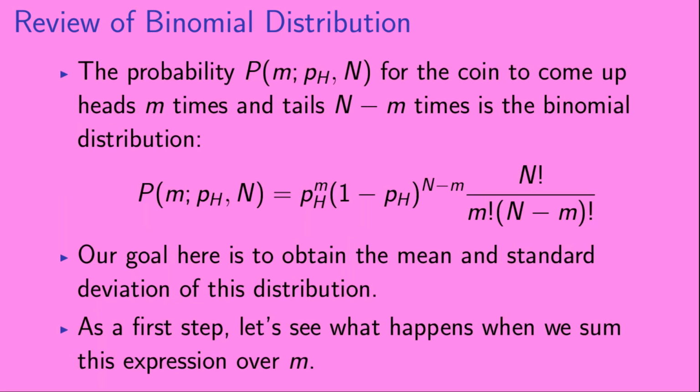The probability p of m, given pH and n, for the coin to come up heads m times and tails n minus m times is the binomial distribution.